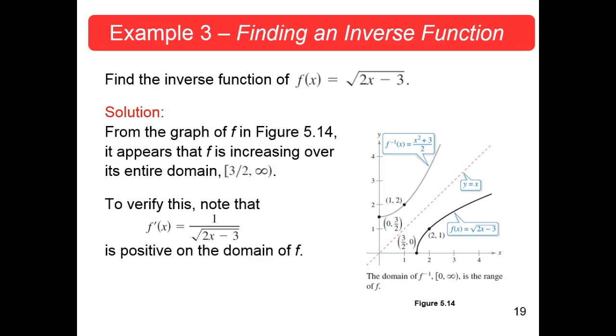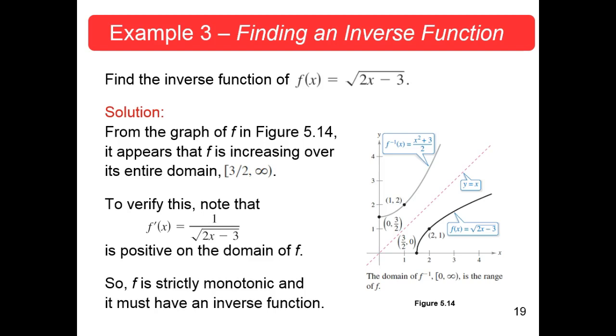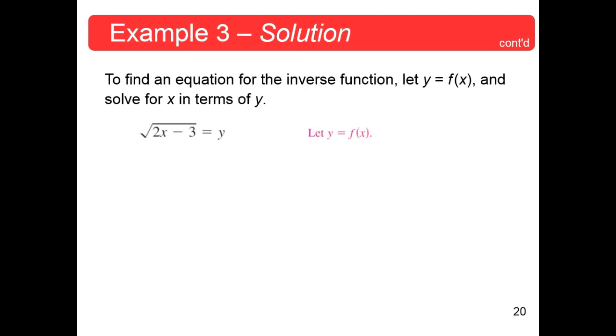And sure enough, this is always increasing because this is a positive number only, okay, in its domain. In its domain, that's always a positive number. 1 divided by a positive number is a positive number. Okay. F is strictly monotonic. It must have an inverse.